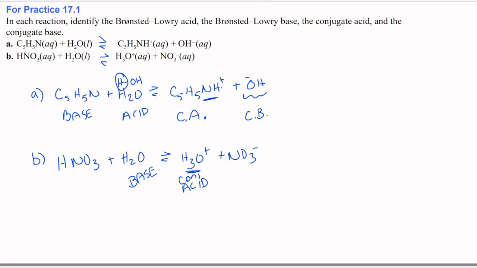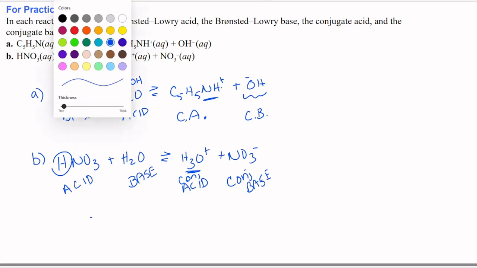And so the nitric acid is our acid, the HNO3, because it donated a hydrogen here to the base water to become hydronium, and now the nitric acid itself has become the conjugate base of nitric acid, which is nitrate. So we have an acid plus a base, and the conjugate acid and conjugate base.